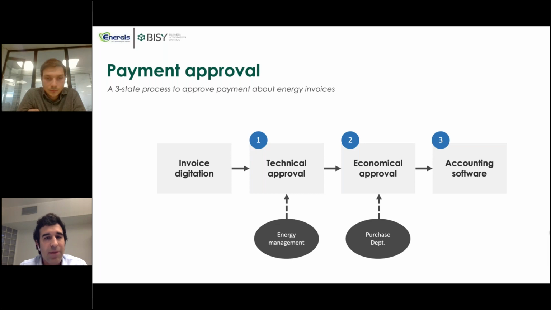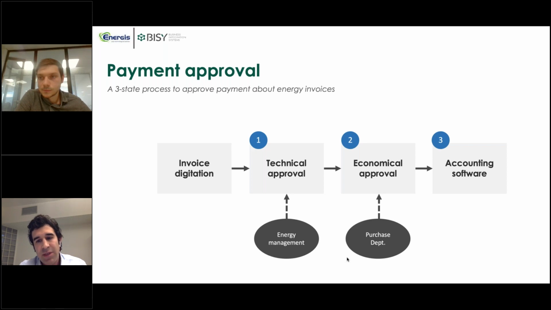And regarding the payment approval, we implement a 3-stage process to approve the payment of every single invoice. So we start with the invoice digitization in order to extract and digitize the invoices. Then the invoices obtain a technical approval by the energy management department, where they check if the consumption is in line with the budget, is in line with the baseline that they have for each meter.